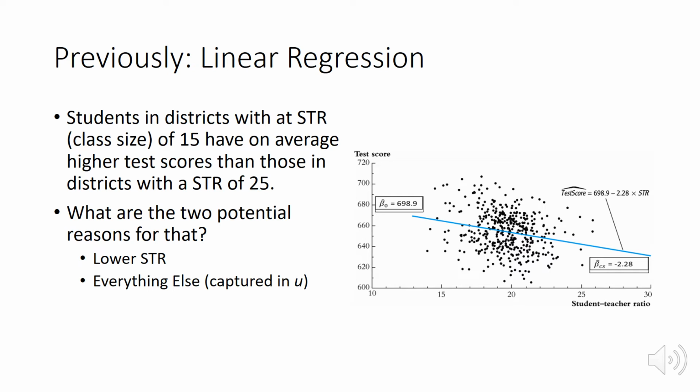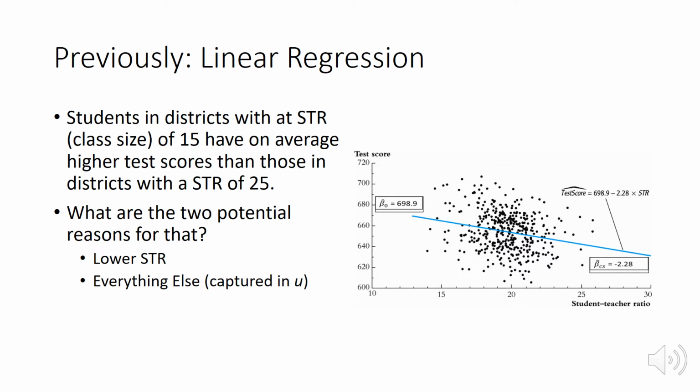And we posited a lot of different reasons, like you all just did a few minutes ago, for why that might be the case. Certainly, we might think that lower student-to-teacher ratios, smaller class sizes, help with test scores. But we can think of a lot of alternative explanations for why that might not be the case, or why we might be capturing some sort of spurious relationship, whether it's student ability correlated with class size, or motivation, or teacher quality, like you said, or wealth of the school district. That U term that we talked about in our regression lecture, we can think of as an error term.